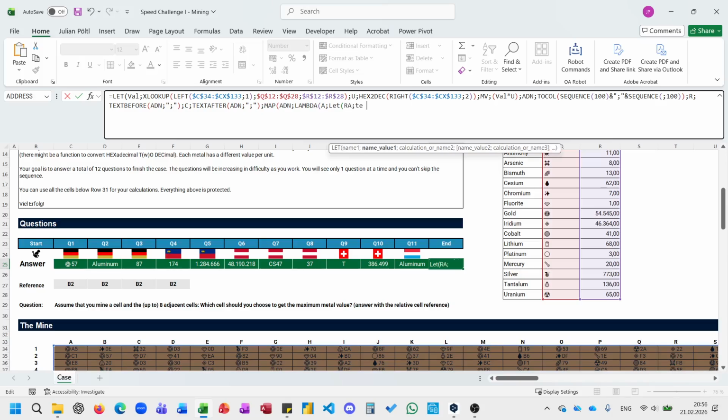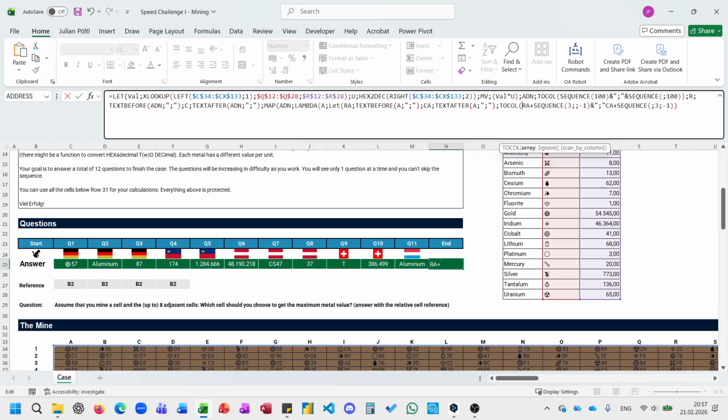RA for row is TEXTBEFORE A, and CA is TEXTAFTER A. Okay, and now I did then A, RA plus SEQUENCE 3 rows starting from -1 and CA plus SEQUENCE 3 columns starting from -1. And this is then the area.